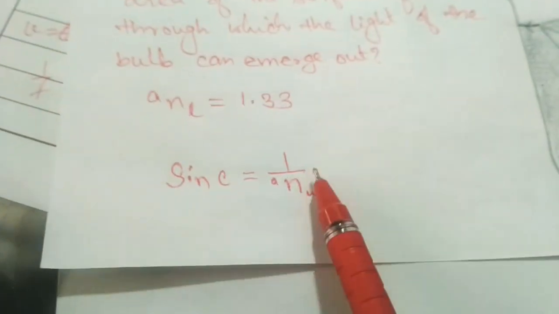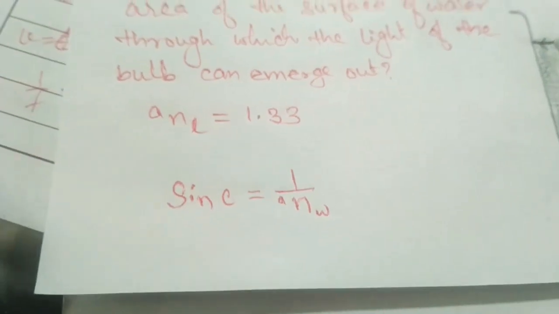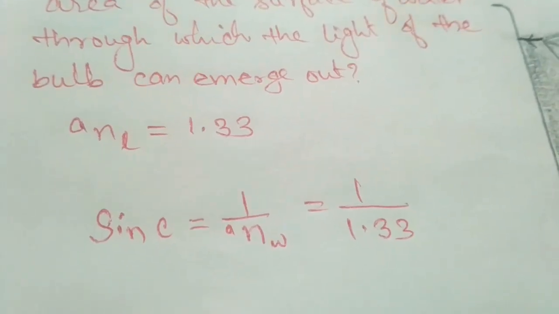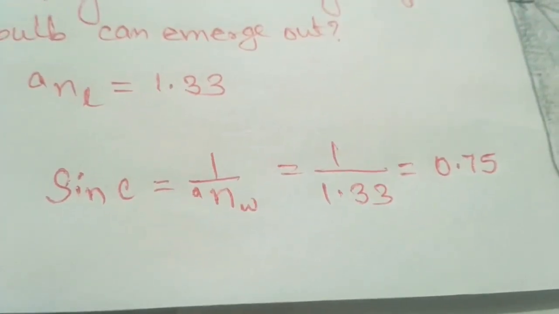So sin C is equal to 1 upon 1.33, or 0.75.